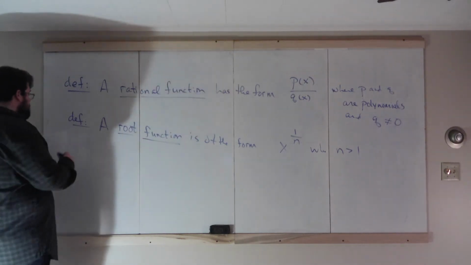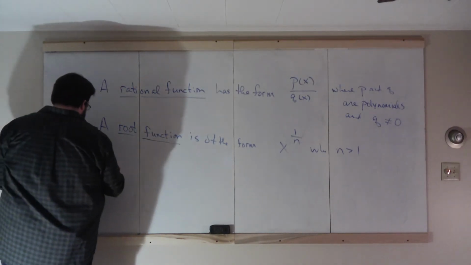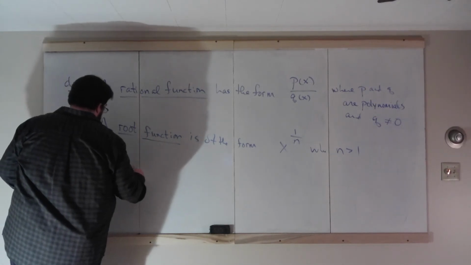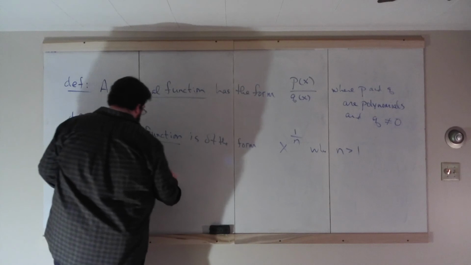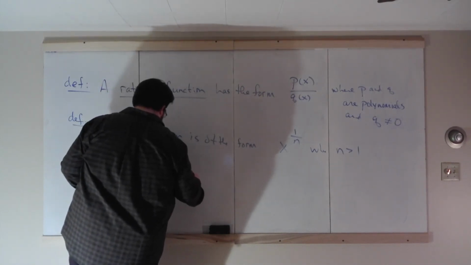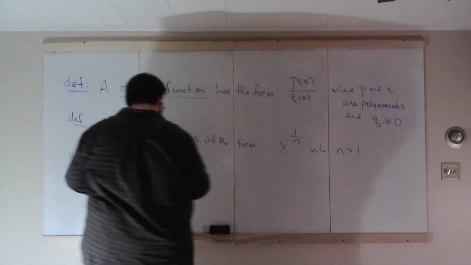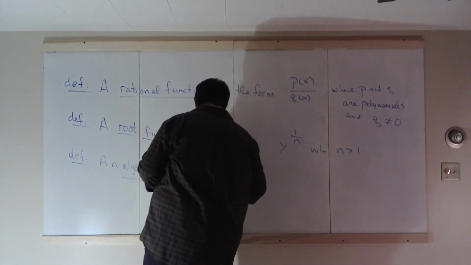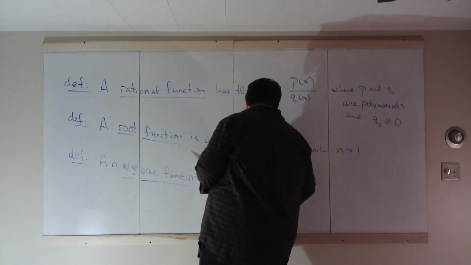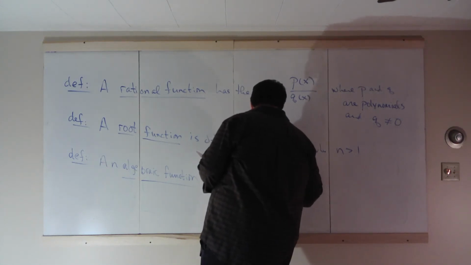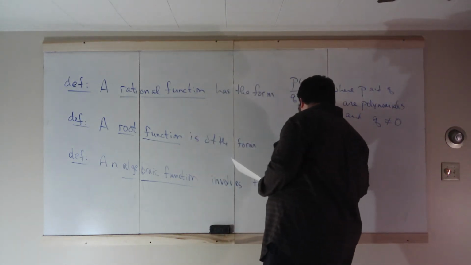Another definition, I'll just describe this a little informally. Definition, an algebraic function, let's say, involves the algebraic operations, so plus, negative, multiplication, division, rational powers.